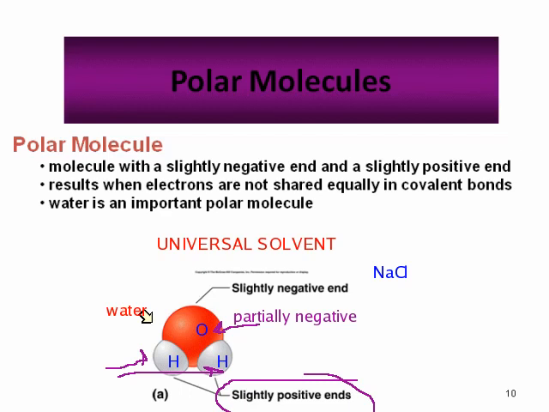And the negatively charged chlorine is going to be yanked away from the sodium by the positively charged hydrogen ends. And when you yank apart the sodium and the chlorine, it's dissolved. It's disassociated. Remove the water, and sodium chloride bonds back together with that ionic bond.